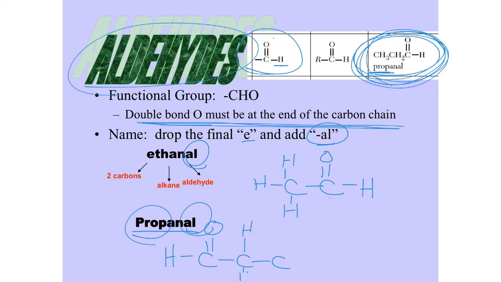And then H is on the middle one, and whichever end you did not put the double bond O on. Formula, you could write it a couple of ways. For this one, you could do C2H5CHO to signify your aldehyde, or you could do C3H6O. Either way is fine.